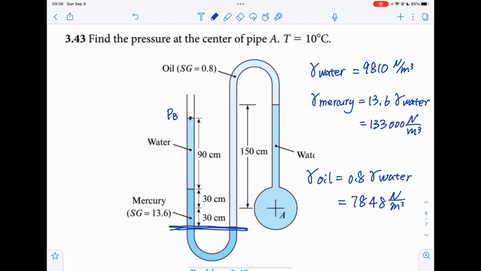And this pressure will equal the pressure here. Then we go up here, and this pressure will equal the pressure here, and then we go down to point A here.